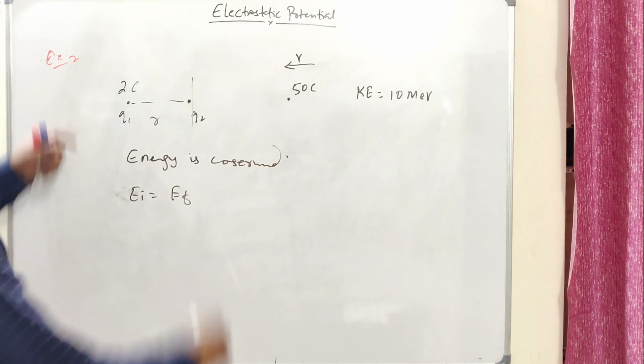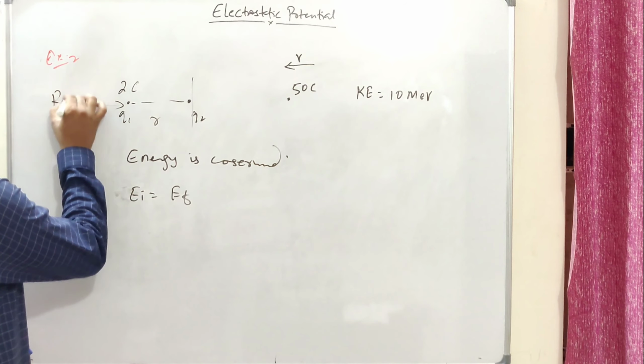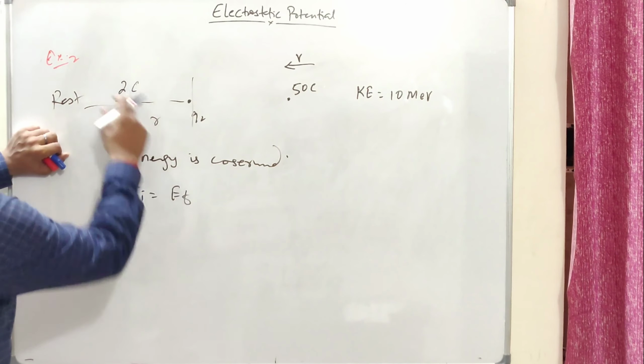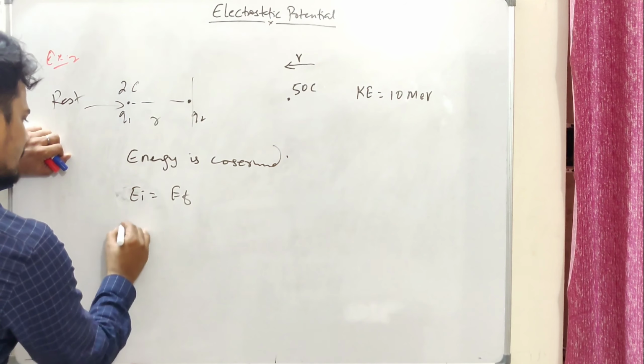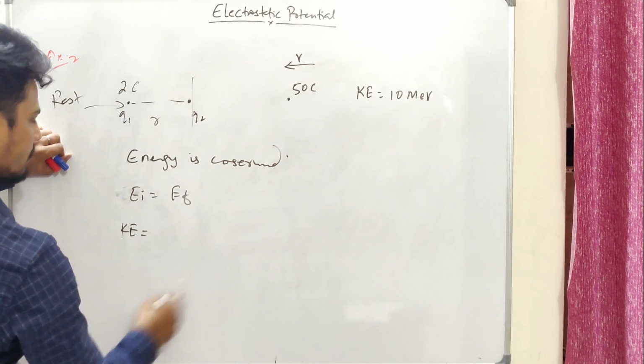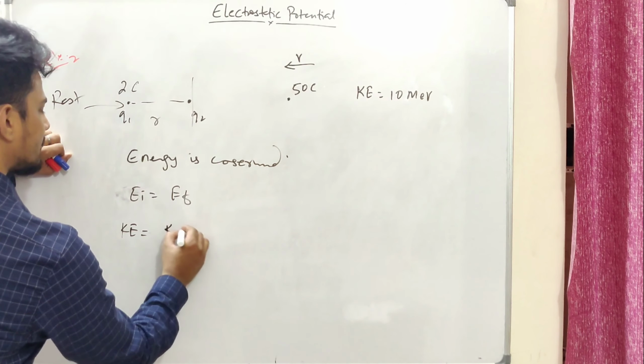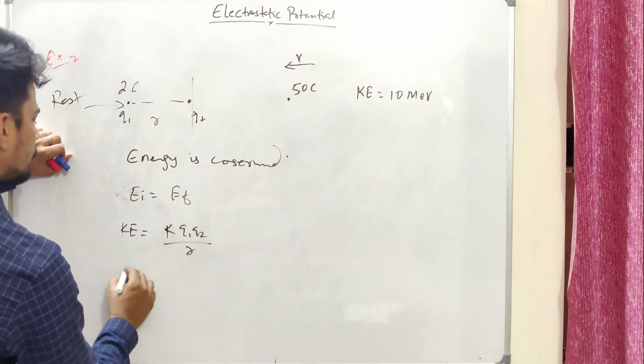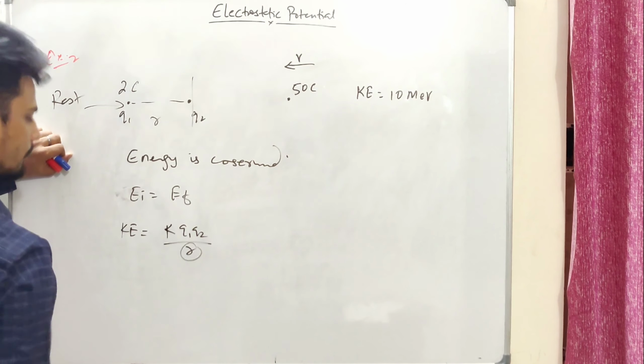Initially, if I assume this is at rest, how much energy does it have? Only kinetic energy, right? And finally we'll be having some potential energy. So can I say, guys, kinetic energy, which is the initial energy, should be equals to the potential energy, let's suppose k q1 q2 by r. Well, I need to find this r, simple as that.